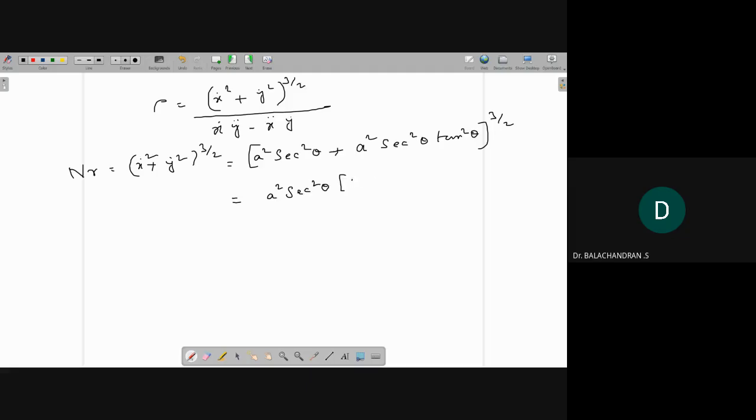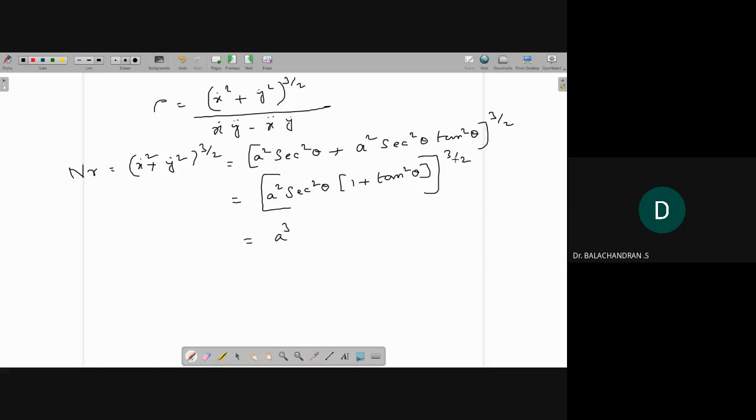So (1 plus tan square theta) whole power 3 by 2 is equal to... a square whole power 3 by 2 is a cube.